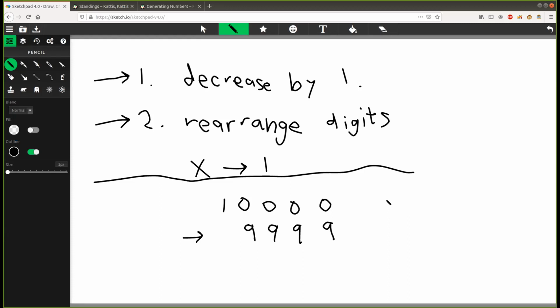So because of this, we can realize that we just need to solve the subproblem of, given a number, how do we bring it down to a power of 10, right?